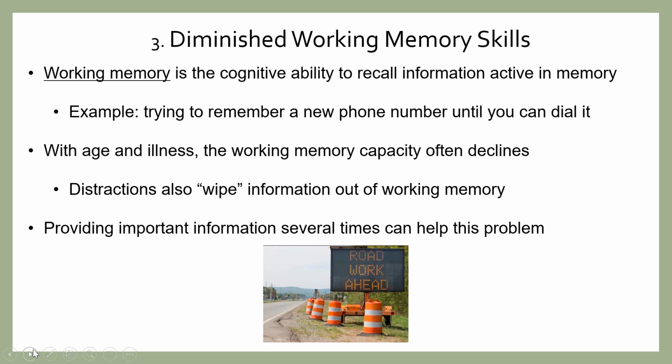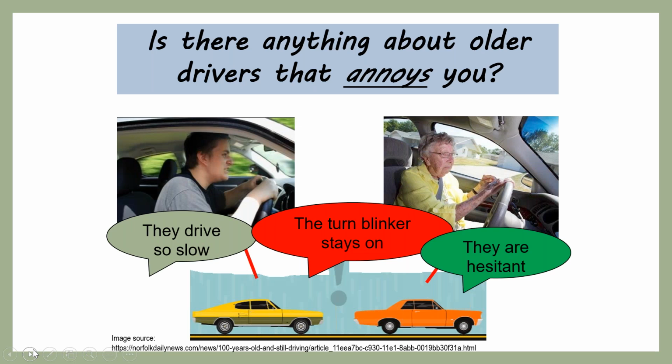Those are examples of what would be involved in working memory, and that can diminish as we age. So keeping the message simple, providing just the key information, and perhaps redundancy in how we present that. So those are examples of age-related diminishing capabilities.